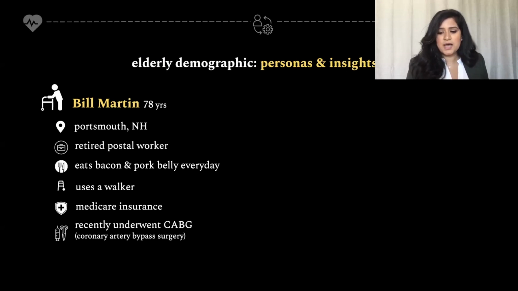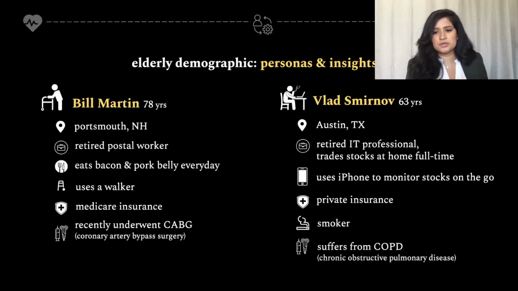On the contrary, let's look at another user here. We have Vlad, who is another persona that is a little bit contrasting from Bill. Vlad is 63 years old. He lives in Austin, Texas, which is a relatively more urban city. He's a retired IT professional, and he trades stocks at home full time.